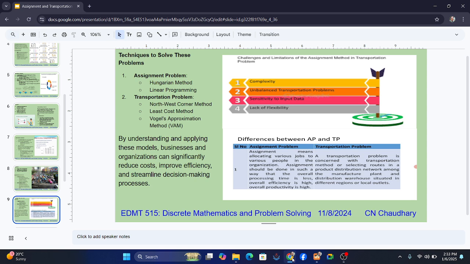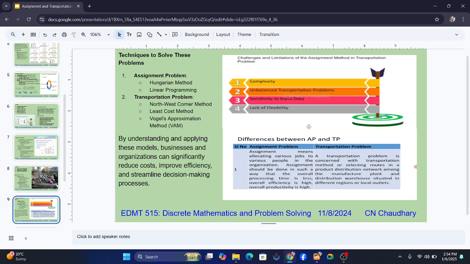Now, talking about the differences between AP and TP, that is, assignment problem and transportation problem. Among them, assignment means allocating various jobs to various people in the organization.